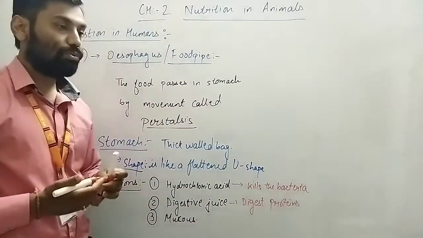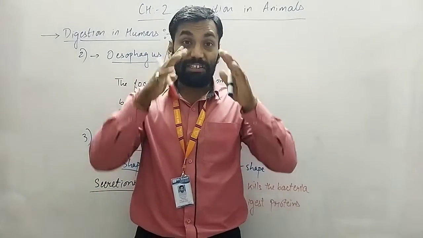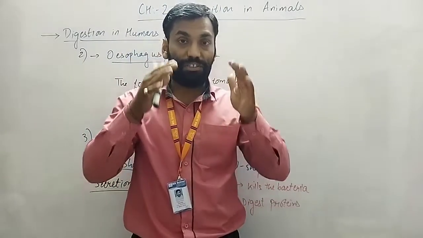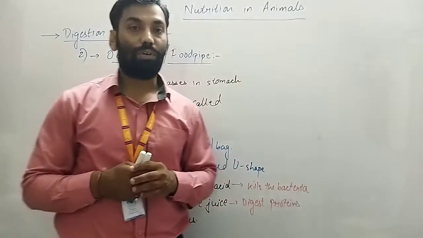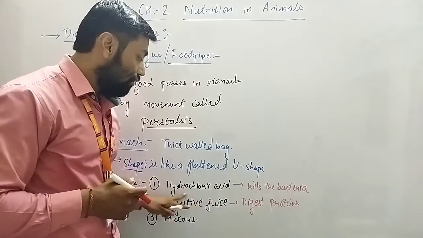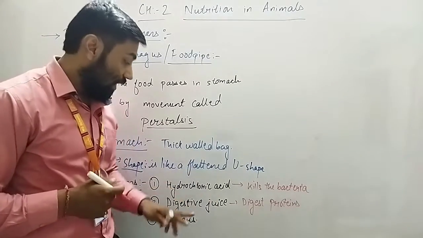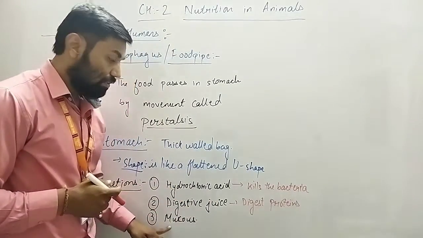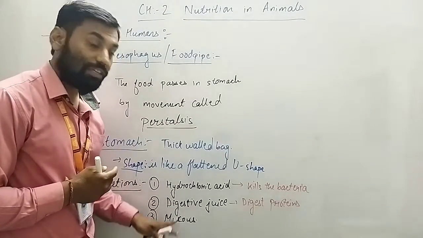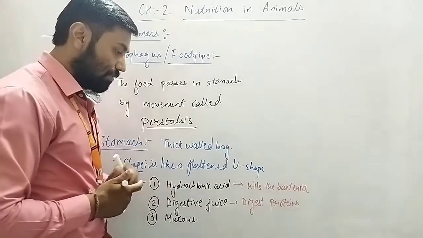And what does mucus do? Mucus is a slimy layer that forms on the inner lining of the stomach wall, where mucus secretion takes place. What does it do? As hydrochloric acid causes a burning sensation, mucus will prevent the stomach from the effect of hydrochloric acid.